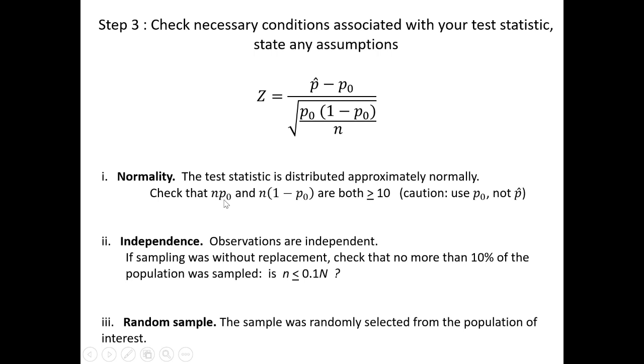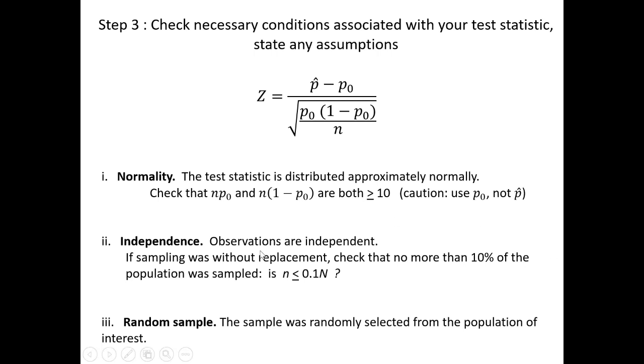This is the number in your null hypothesis. So if that product is at least 10, you're in good shape. But we also need this other product to be at least 10, our sample size times 1 minus the hypothesized proportion. Okay? So if both of those are 10 or above, then you can assume normality.